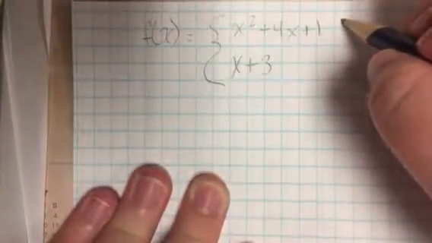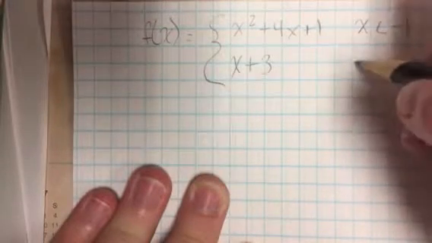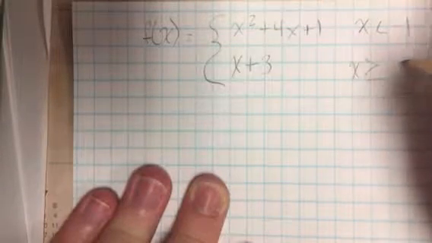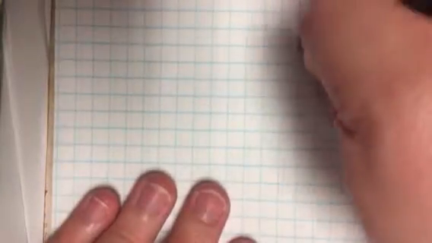With your quadratic you have the restraint of x is less than -1, and with the linear you have x is greater than or equal to -1. All right, so there's our function, and draw our axis here.